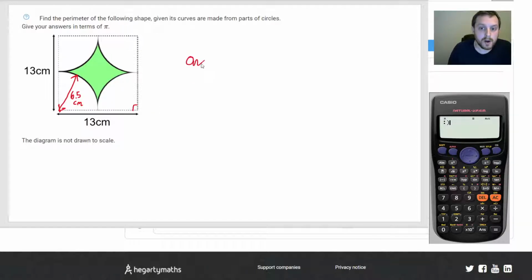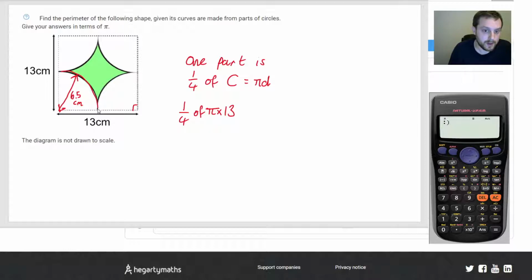So one part is a quarter of the circumference, which is a quarter of pi d. So actually we're going to be using 13 centimeters in any case. So it's a quarter of pi times 13. This is just this part here.